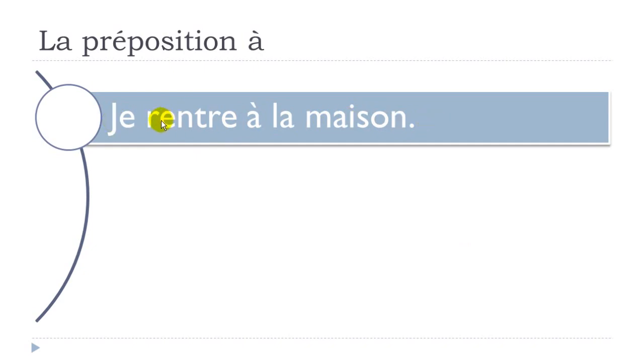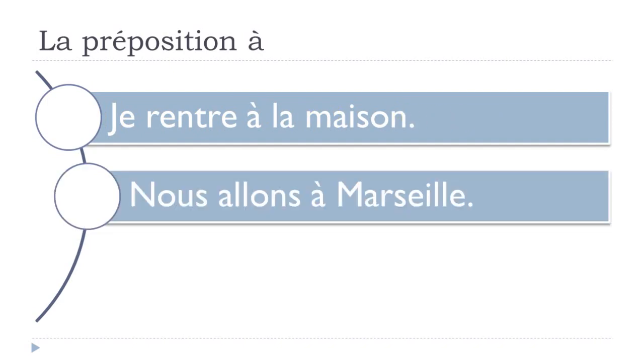And when we want to introduce this concept, then we should use this à la maison. Second thing, nous allons, aller is to go, à Marseille. Nous allons à Marseille. So we go to, and in that case you should use this preposition à.